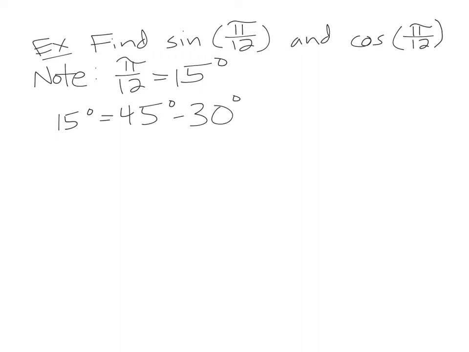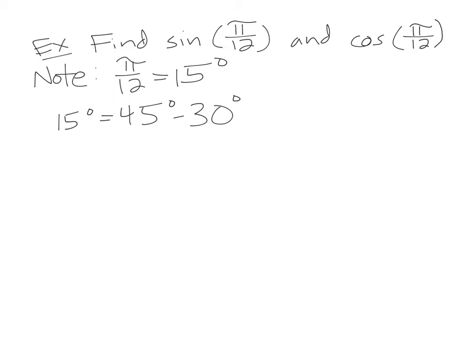Why is that important? Because we know the sine and cosine of 45 degrees, that's pi over 4, and we know the sine and cosine of 30 degrees, that's pi over 6. So we can use the subtraction identity for sine to get the sine of 45 minus 30, which is 15, or pi over 12.